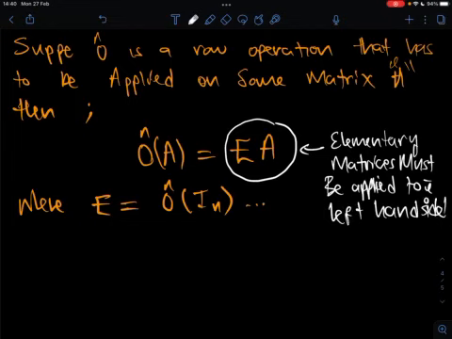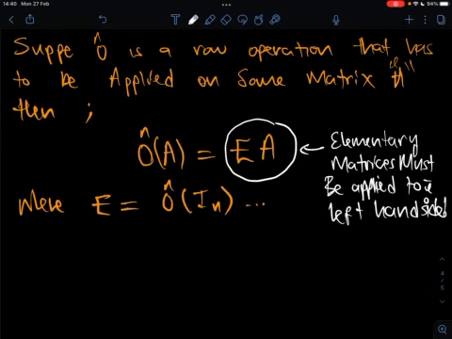So you first encode that row operation, and then simply multiply those two matrices together. This is some nice notation that you have to stick to.